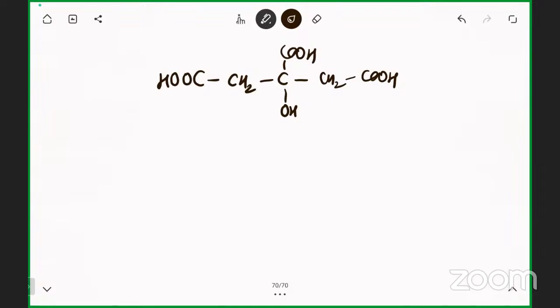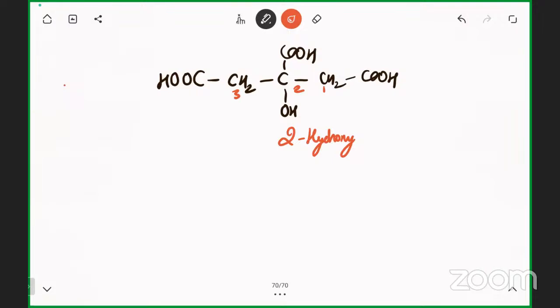Okay, I'm doing it now. The numbering you can do from any side, 1, 2, 3. We will not give priority to any of the carboxylic groups. On the second position we have hydroxy, so we'll write 2-hydroxy. On the first, second, and third positions we have carboxylic groups.